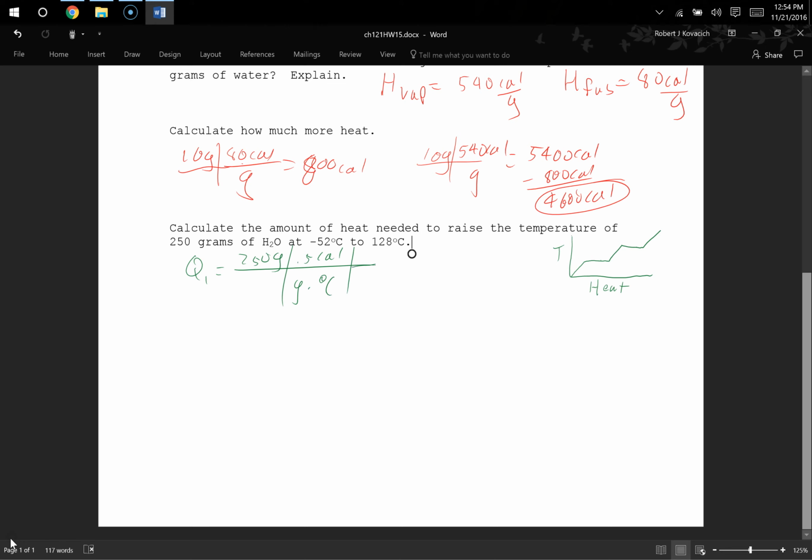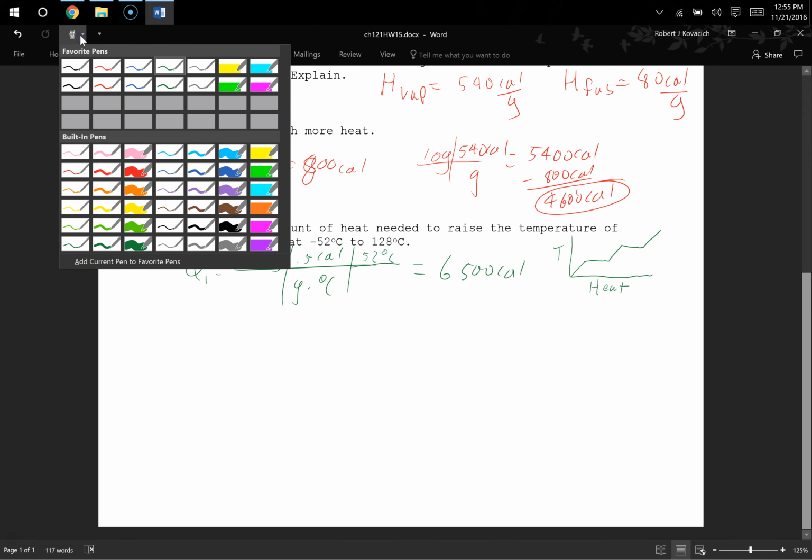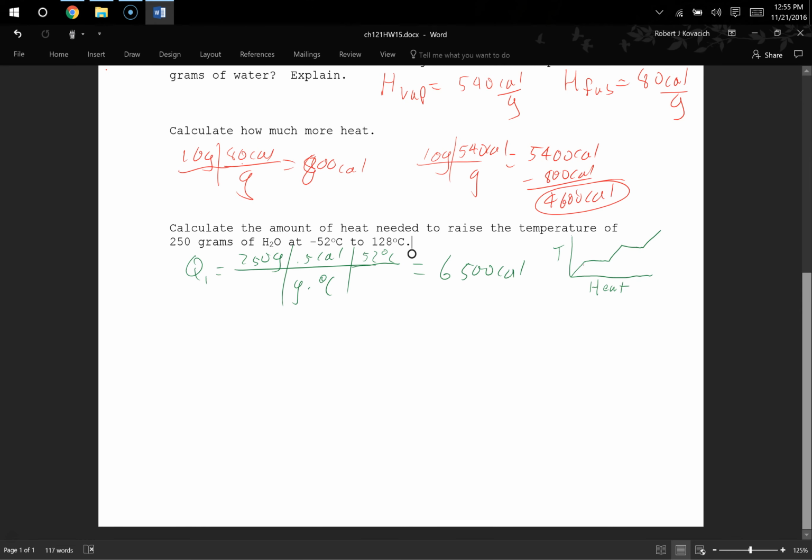It would be something that you would be given on a test, or you could look up, and the change in temperature is 52 degrees Celsius, because we take it from negative 52 up to 0. If I do that, the math is 250 times 0.5 times 52. I get 6,500 calories.